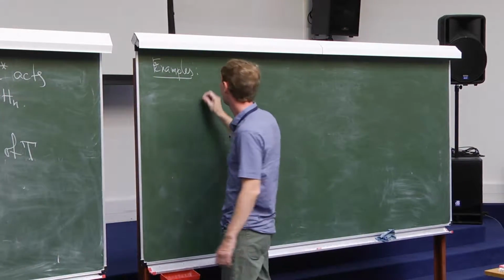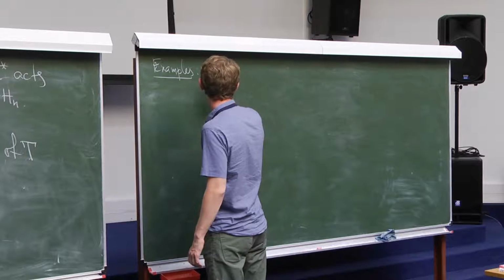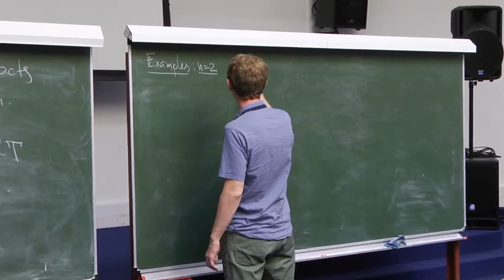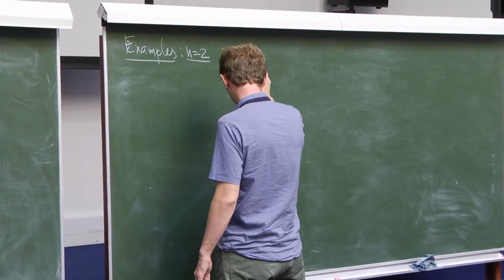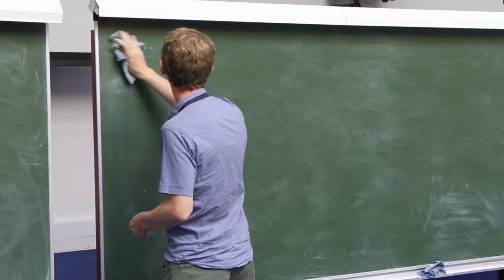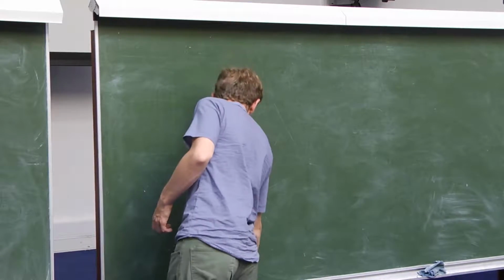So for n equal to 2, there are not so many things. Let me actually define this FHN. It's not so hard.